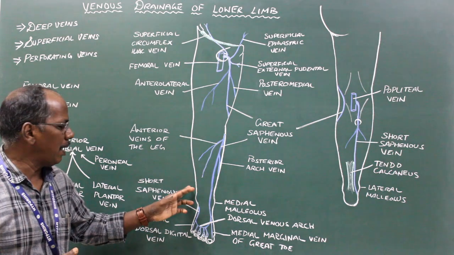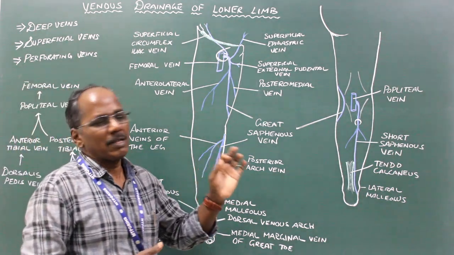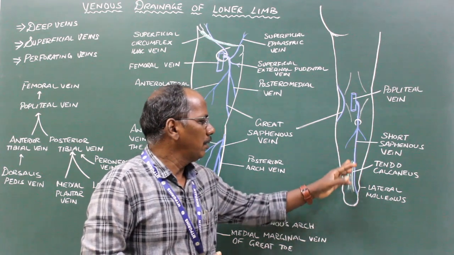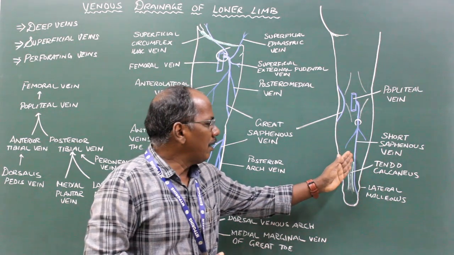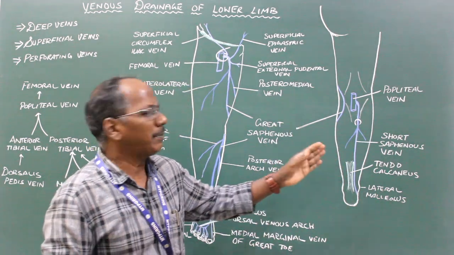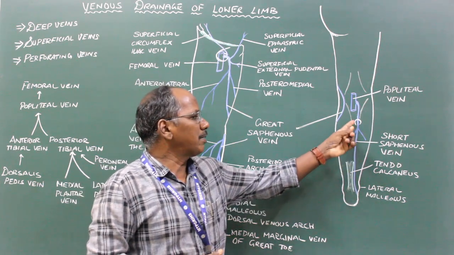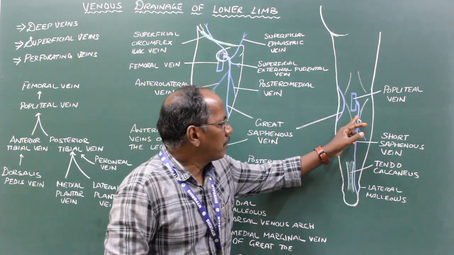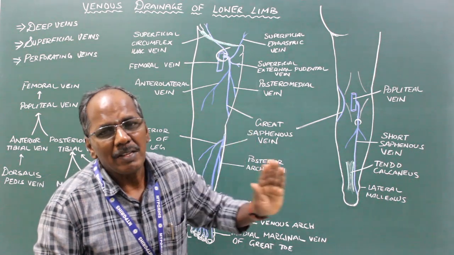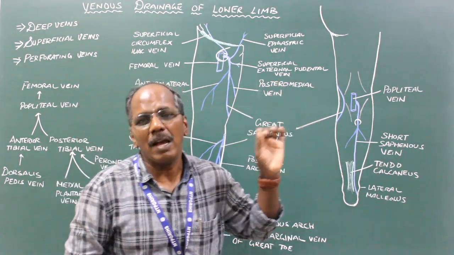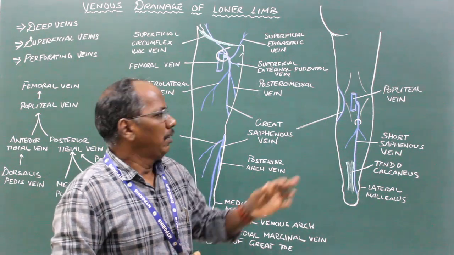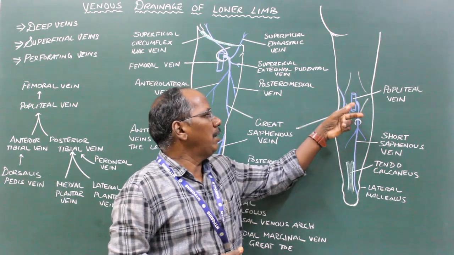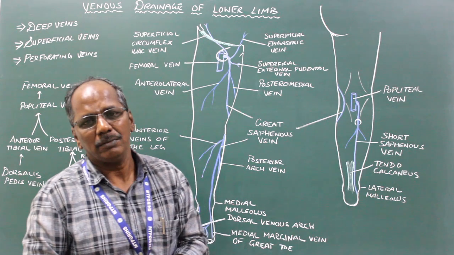So it runs behind the lateral malleolus and ascends along the lateral margin of tendocalcaneus, and it runs on the middle of the posterior aspect of the leg where it pierces the deep fascia and undergoes a small subfascial course between the two heads of gastrocnemius, and finally it reaches the popliteal fossa where it drains into the popliteal vein.